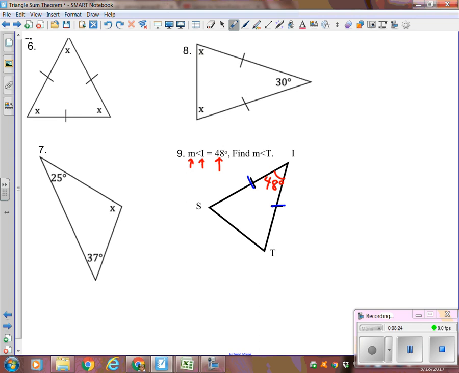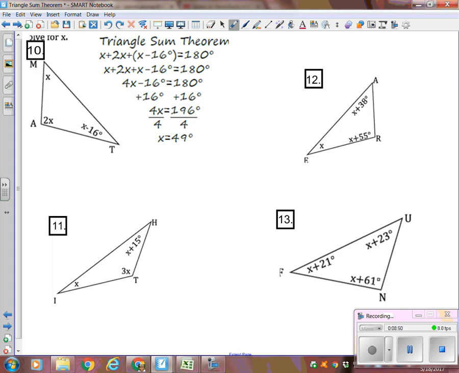Does that mean I have 2 equal angles? So the angle across from that side is there, and the angle across from this side is here. It means this and this are the same. So whatever I can figure out for the measure of angle T would be the same as the measure of angle S. Can you find the measure of angle T? I'm not going to finish that one for you. Again, I just selected about 13, and a couple of them are already worked out.